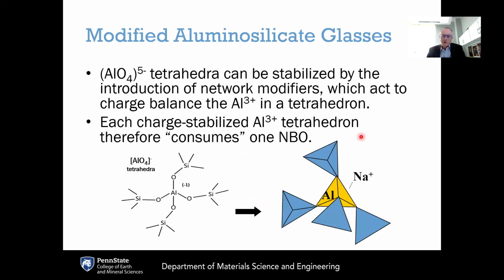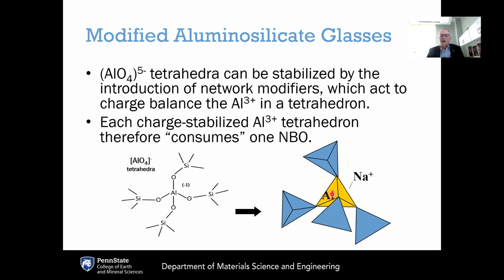But what is much more favorable for aluminosilicate glasses is to charge stabilize alumina in a tetrahedral configuration by bringing in a modifier like sodium. So aluminum has a 3+ charge. In order for it to form a stable tetrahedron, it needs to have an effective 4+ charge.